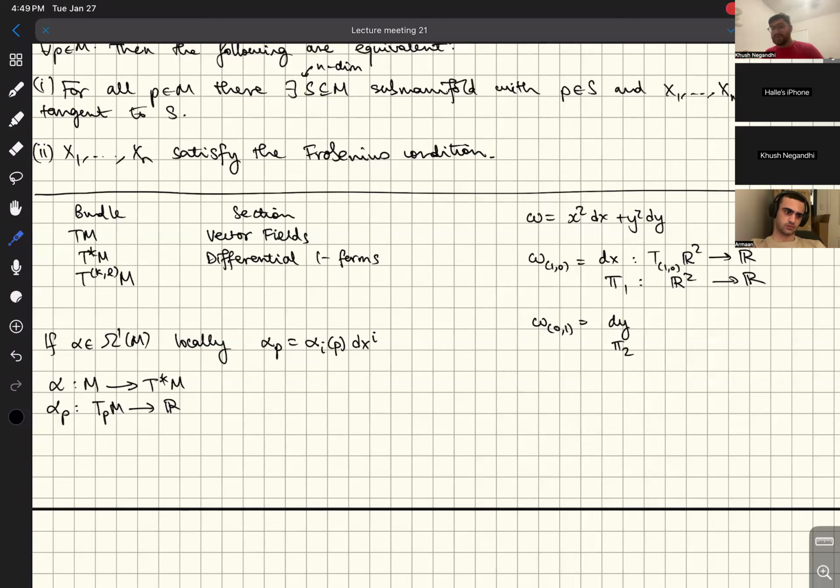A lot of the theory of differential forms seems very arbitrary in the beginning, but it's the same question as why care about vector fields on manifolds.